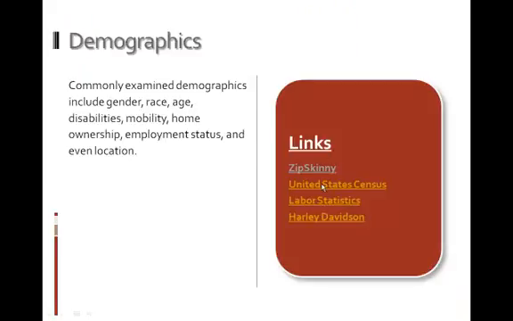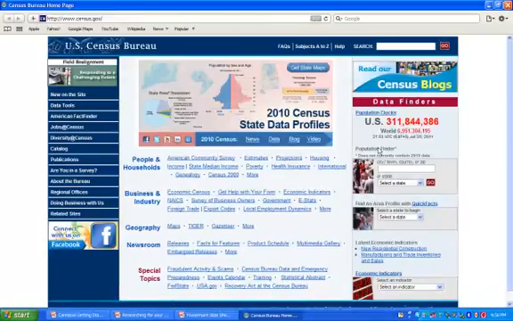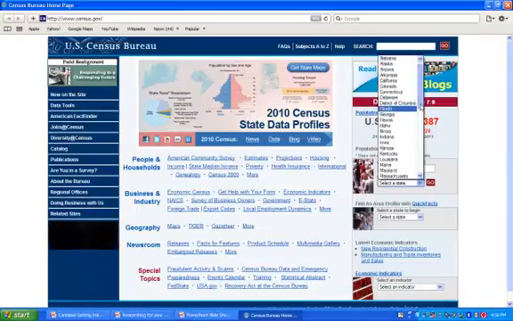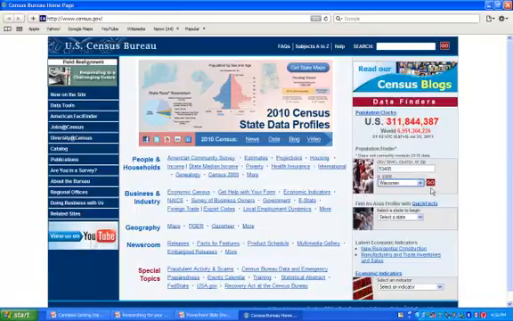United States Census. Now I can get more up-to-date information than I can get from Zip Skinny. And so let's see what information I can pull off. And I should be able to pull information from the 2010 census.